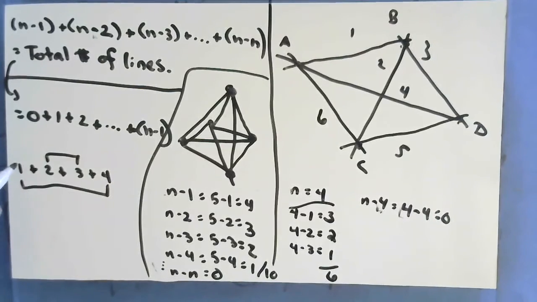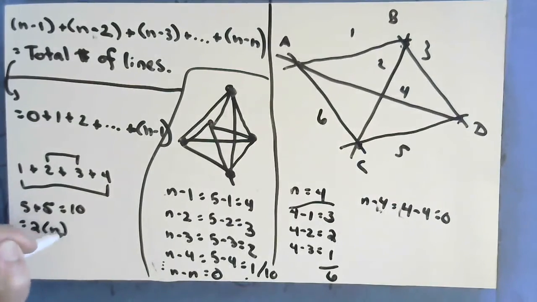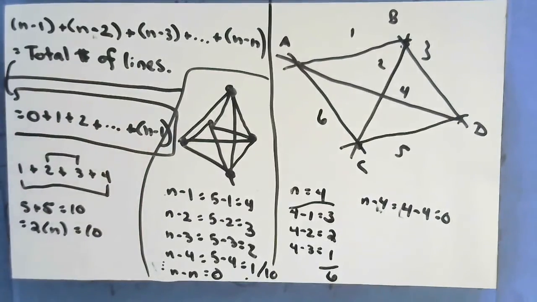So what we have is 5 plus 5 equals 10, which is what we got. We can also see this as 2 times n was equal to 10. That's just one way of looking at it. I don't think I want to take it much further than that. I think this is a clearer formula for us.